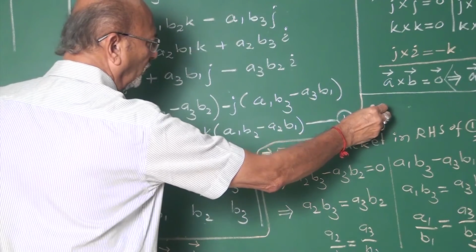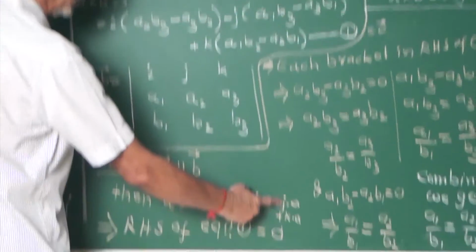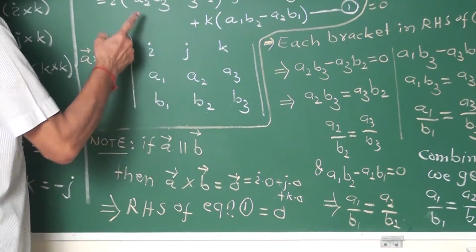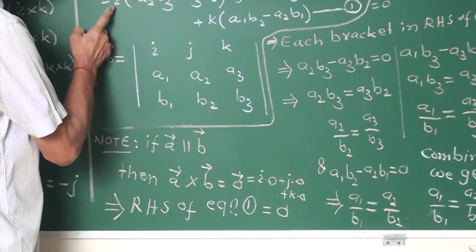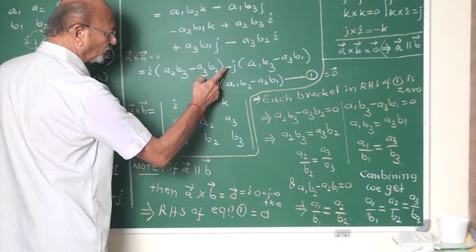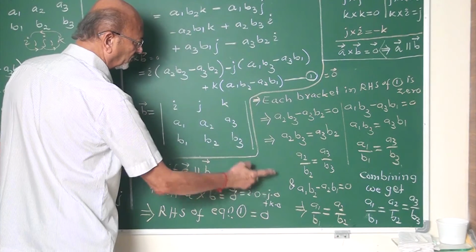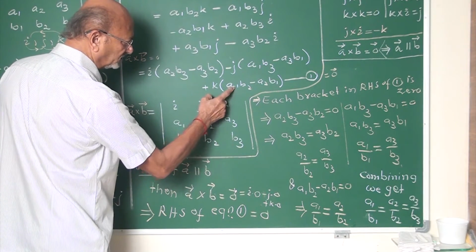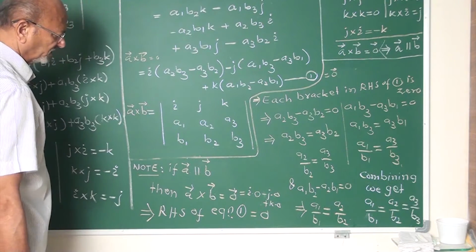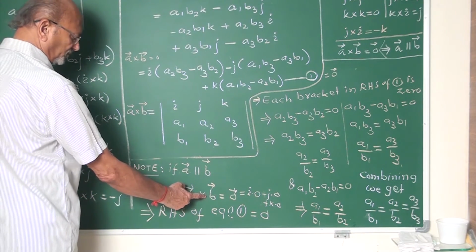This zero vector can be written as i into 0 minus j into 0 plus k into 0. Equate each bracket. This bracket is the coefficient of i, it is 0. Second bracket, the coefficient of minus j, is 0. Third bracket, the coefficient of k, is also 0. Therefore, when a is parallel to b, a cross b is 0.